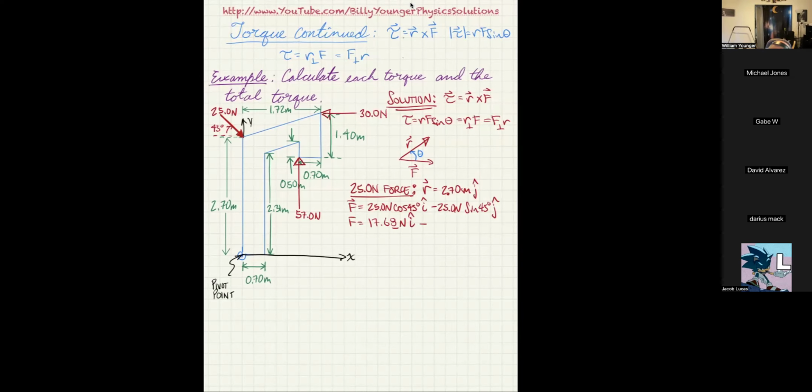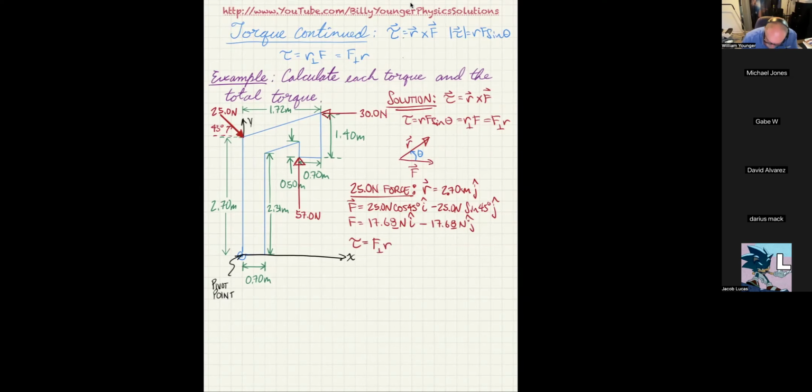minus, and again, the sine of 45 is the same as the cosine of 45, so that gives you minus 17.68 newtons in the j hat direction, but notice that one was negative. So we have simplified it a little bit. But another thing we can do is we can use torque is equal to the component of F that's perpendicular to the lever arm times the lever arm.